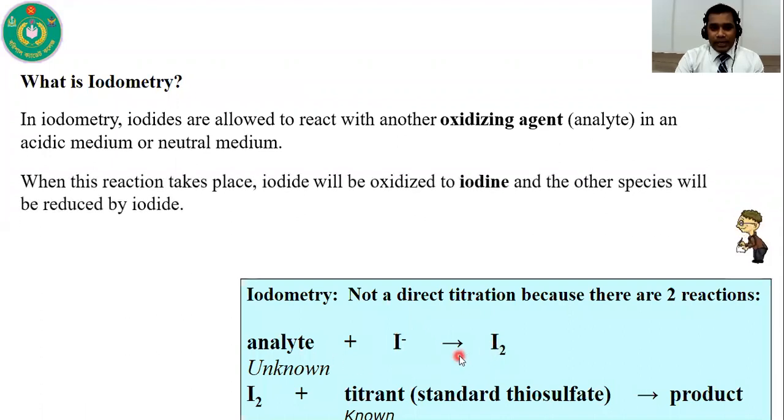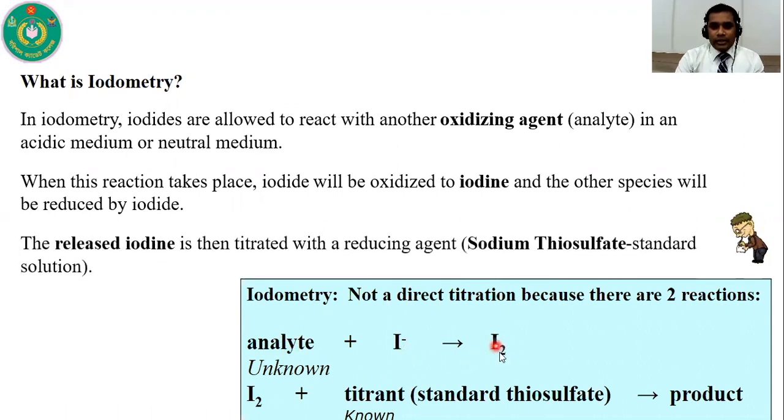When this reaction takes place, iodide will be oxidized to iodine, and the analyte will be reduced by iodide. Then this released iodine is titrated with a reducing agent, that means standard thiosulfate solution, and we get product.